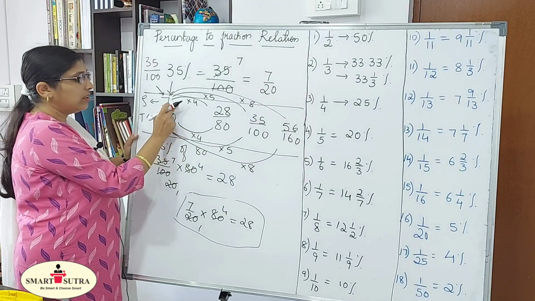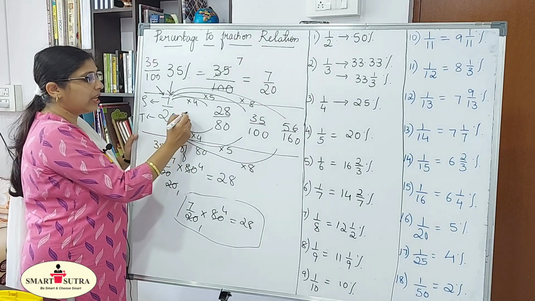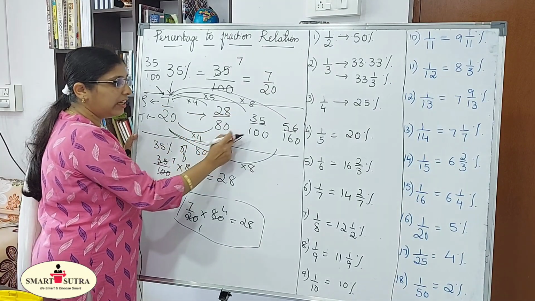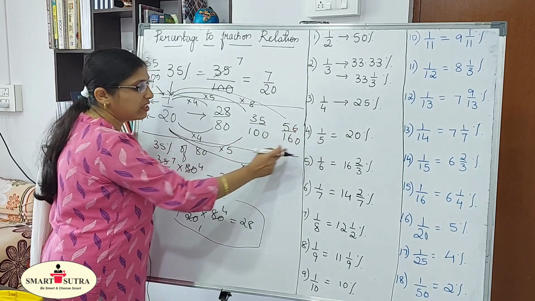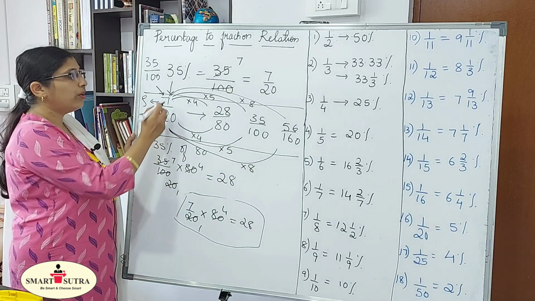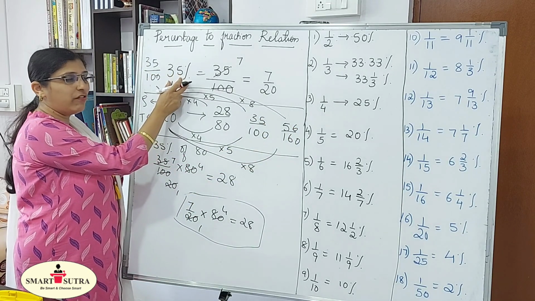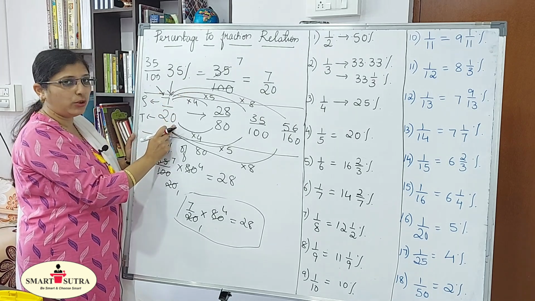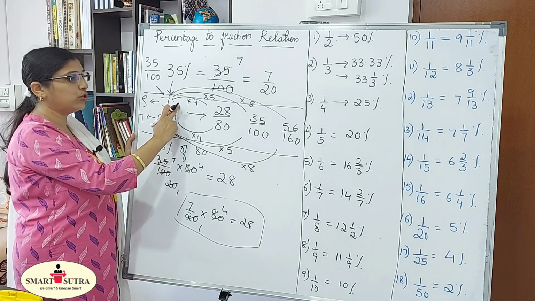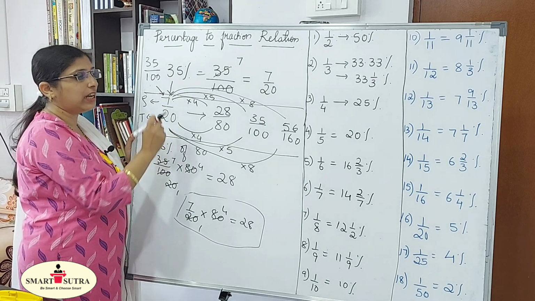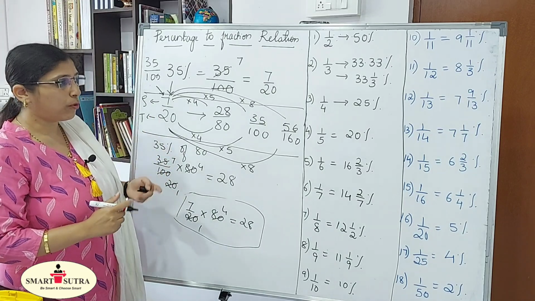So the 7 by 20 ratio is the same as 28 by 80, or 35 by 100, or 56 by 160. If we know that 35% stands for 7 by 20, the same fraction we can use to solve big problems.